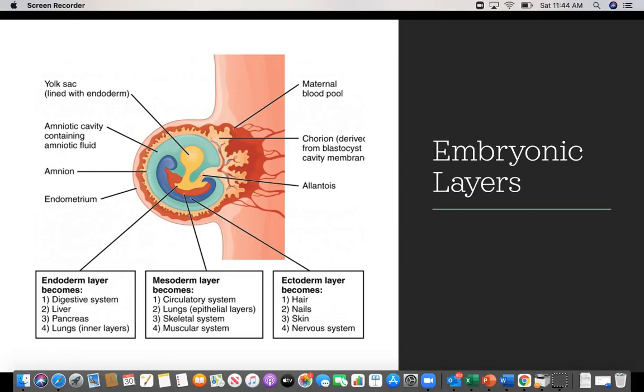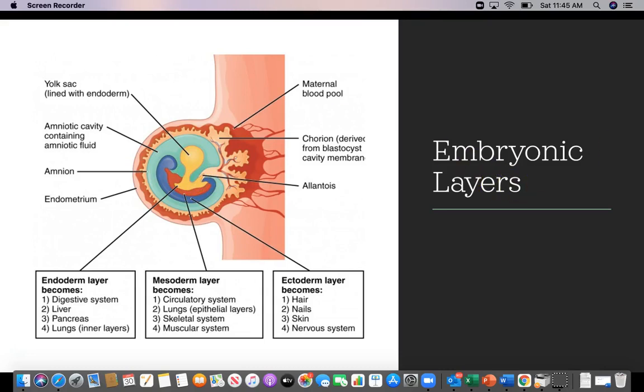The embryo initially is composed of 3 layers of tissue. Each layer serves a specific function in development. The endoderm layer, which you see here, depicted in yellow, becomes the digestive system, the liver, the pancreas, and the inner layers of the lungs.